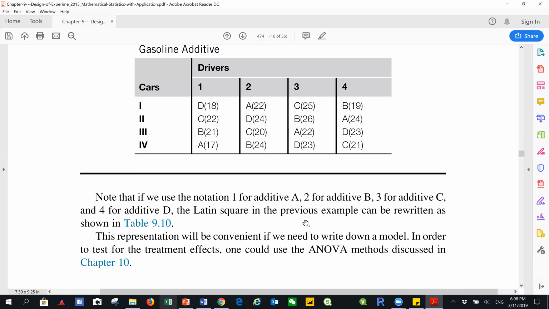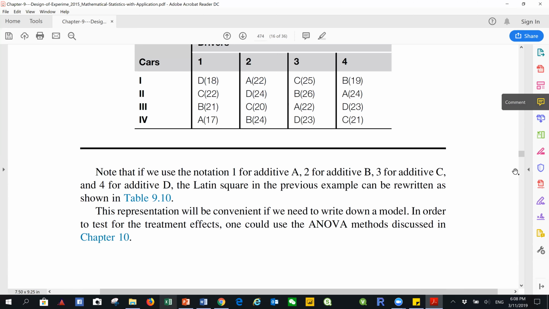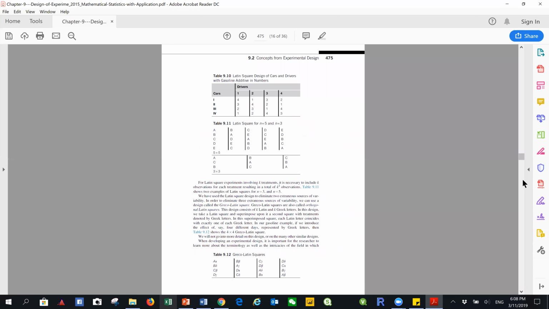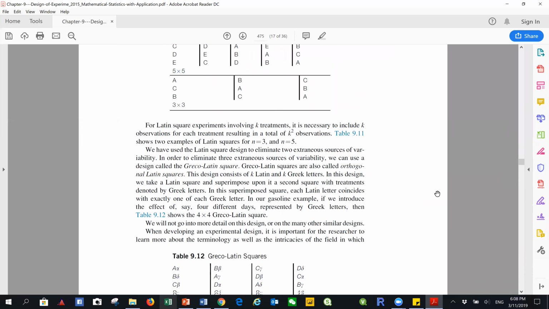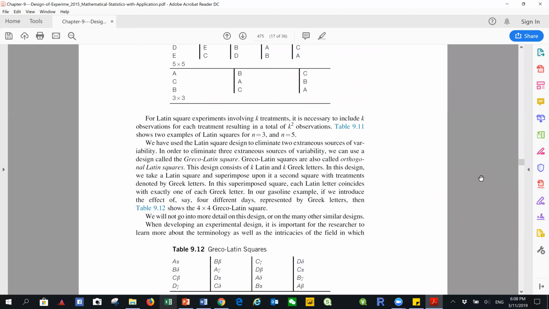Okay, take the averages and then compare the means. Of course, you need to calculate the variation and so forth. Okay, we are not going to get into more details than that.